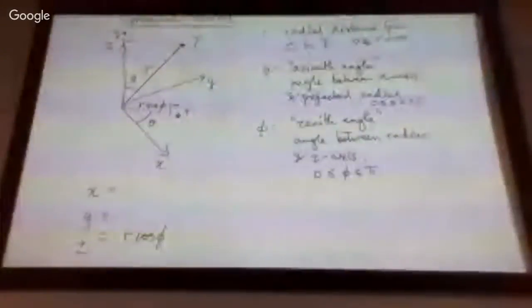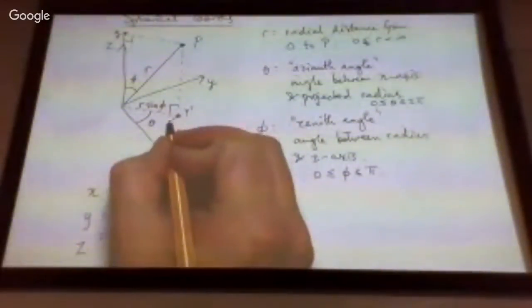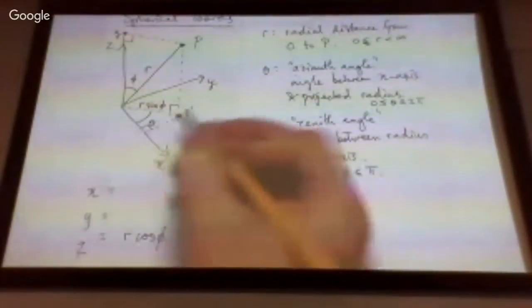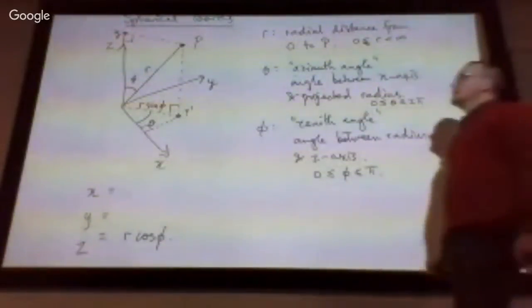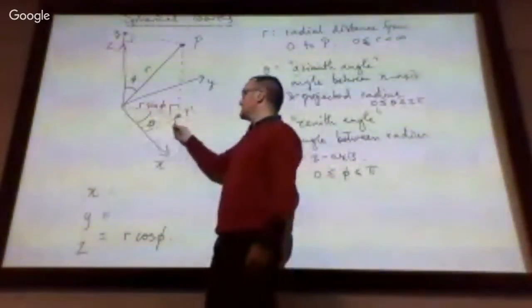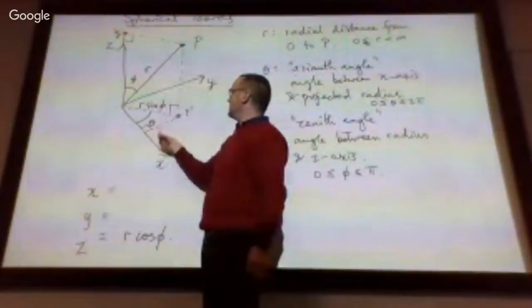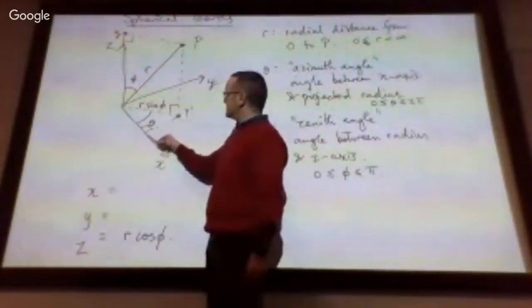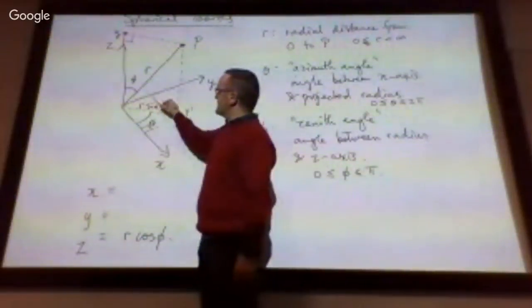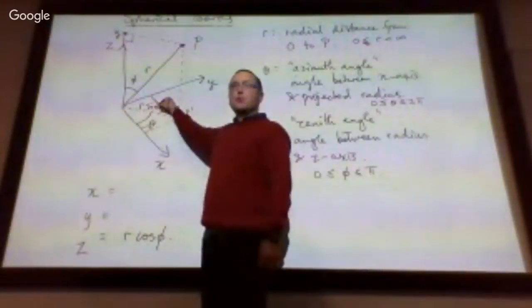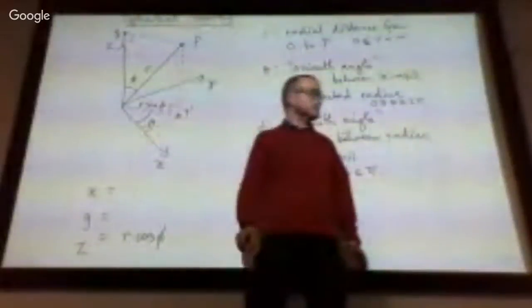And that is the hypotenuse for this right-angled triangle, where the length of this side is x, the x-coordinate of the point P, and the length of this side, if you translate that over to there, is y, the y-coordinate of the point P.